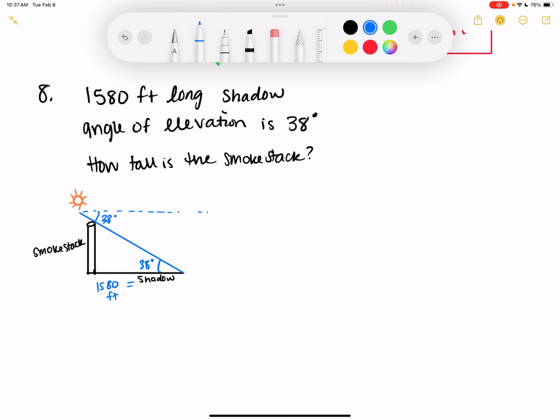Now, they gave that to you, so you wouldn't have had to know that, but yes, it is a thing back from geometry. It doesn't disappear. That explains why I don't remember what it's called. And I'm trying to figure out how tall this smokestack is over here. Okay, so I've got my triangle, my shadow length is here, angles here.